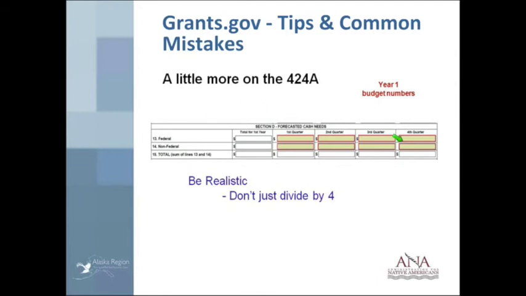And there may be startup costs like equipment or other things that are purchased in the first quarter. It just depends on the project. So really, you should think about how you anticipate spending your federal dollars so that this reflects your federal expenditures, and then your non-federal will correspond to that. That's your matching column. So these two combined will be your year one total project cost.